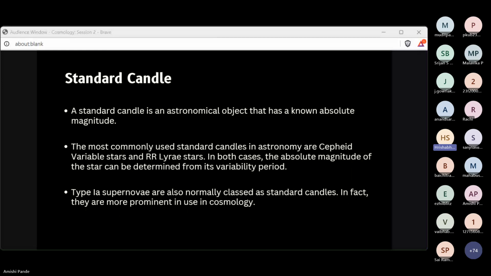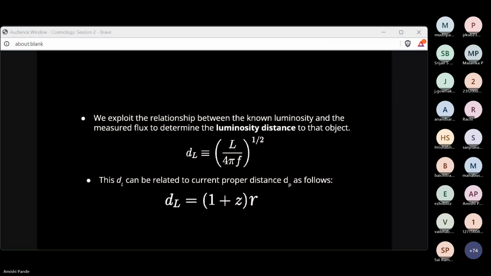You can go to the next slide. Yeah, as I said, we define something called a luminosity distance, DL. What is a luminosity distance? Remember how I said flux is equal to L by 4 pi R squared, the standard stuff that we know about.